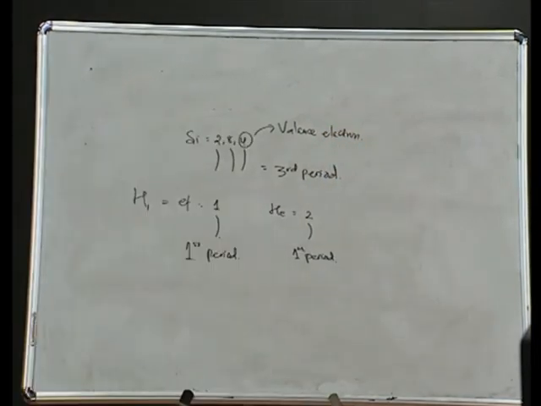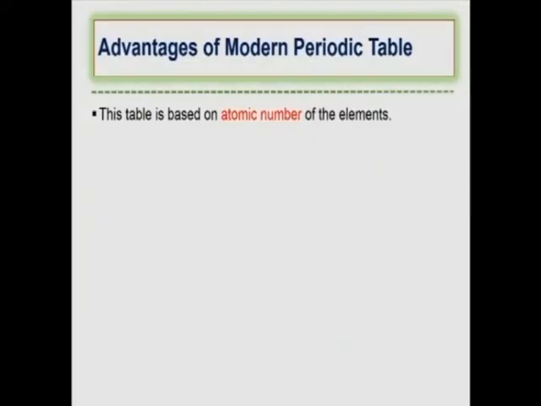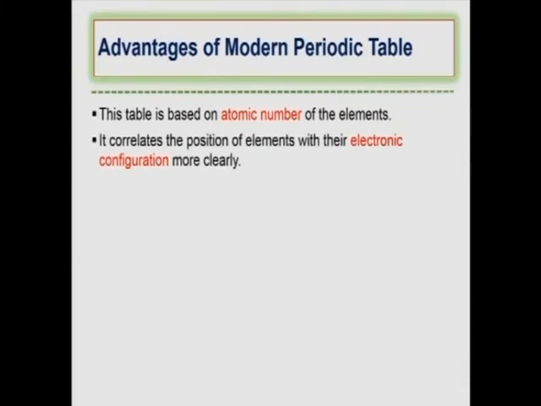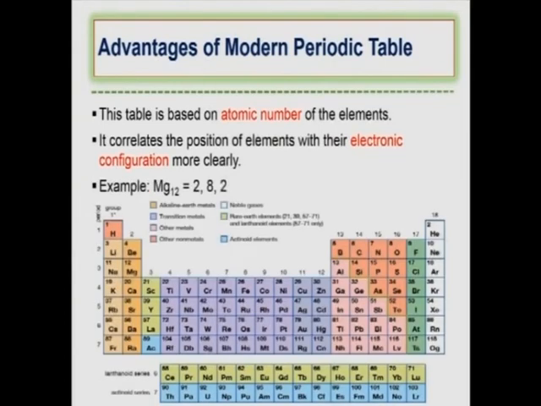Now let's see the advantages of the modern periodic table. The first advantage is that it is based on the atomic number of the elements. The second is that it correlates the position of elements with electronic configuration more easily. For example, take magnesium, whose electronic configuration is 2, 8 and 2.